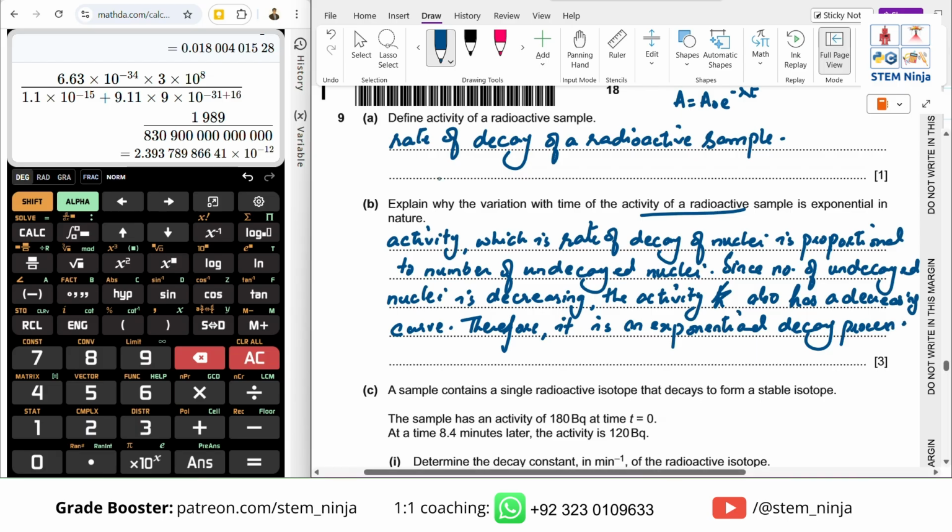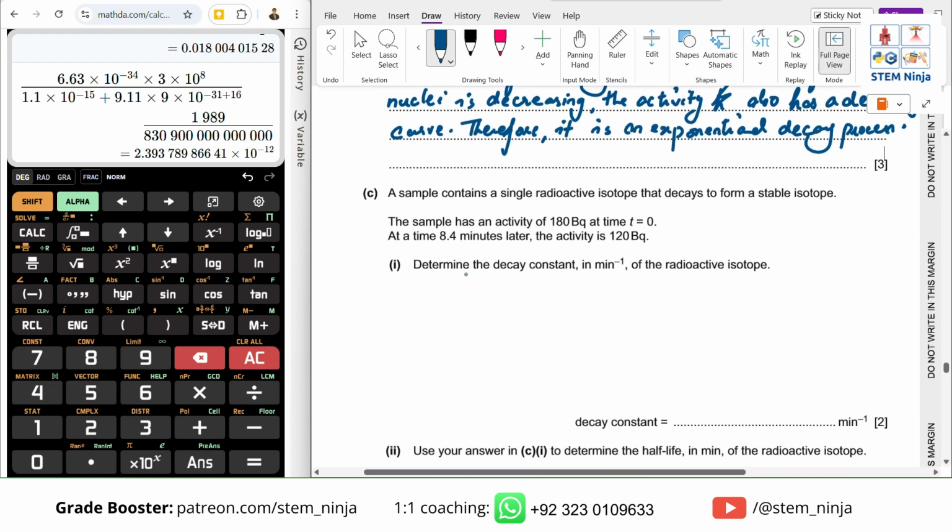Okay. A sample contains a single radioactive isotope that decays to form a stable isotope. The sample has an activity of 180 becquerels at time t is equal to 0. At a time 8.4 minutes later, the activity is 120 becquerels. Determine the decay constant in per minute of the radioactive isotope. We wrote the equation already.